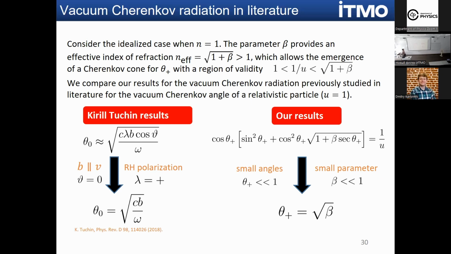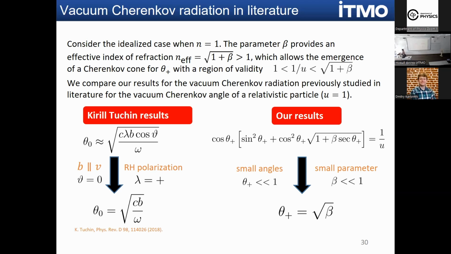And also the lambda corresponds to the right-hand polarization. So also, I told you that the plus sign corresponds to the right-handed polarizations, but we haven't confirmed it more rigorously. And if we make these results, we obtain this angle of radiation for the vacuum Cherenkov radiation.